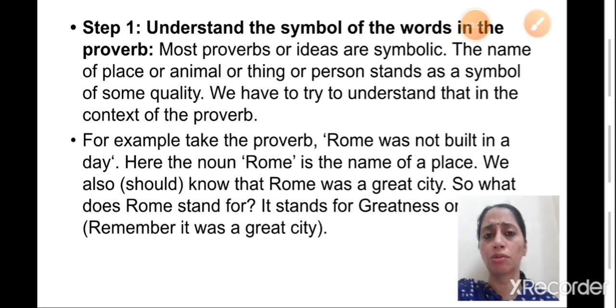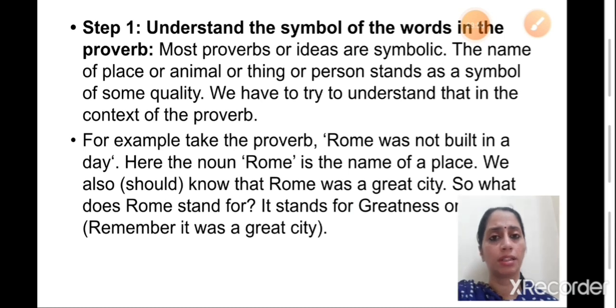So what does Rome stand for? It stands for greatness. It stands for success. Clear? Okay, so we have now understood the symbol used in this particular proverb.